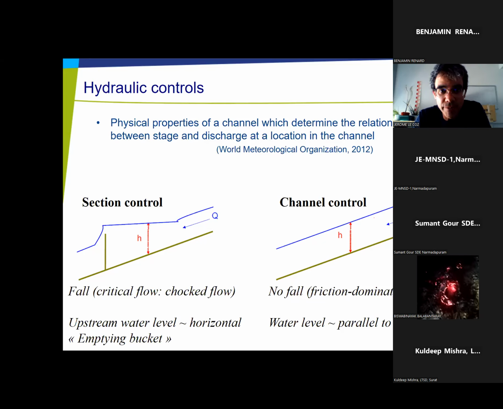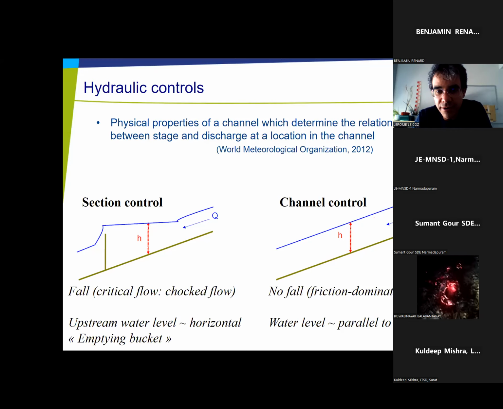And so upstream of the control, we measure a water level that is determined by the discharge and basically by the shape of the critical cross section. So the water level in ideal conditions is nearly horizontal upstream of the controlling cross section, and it's a bit like an emptying bucket. So that's the description of an ideal section control.